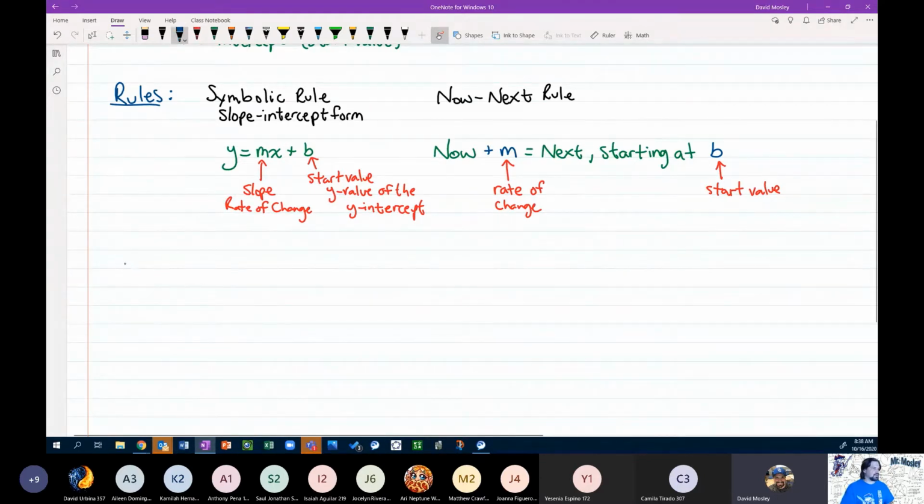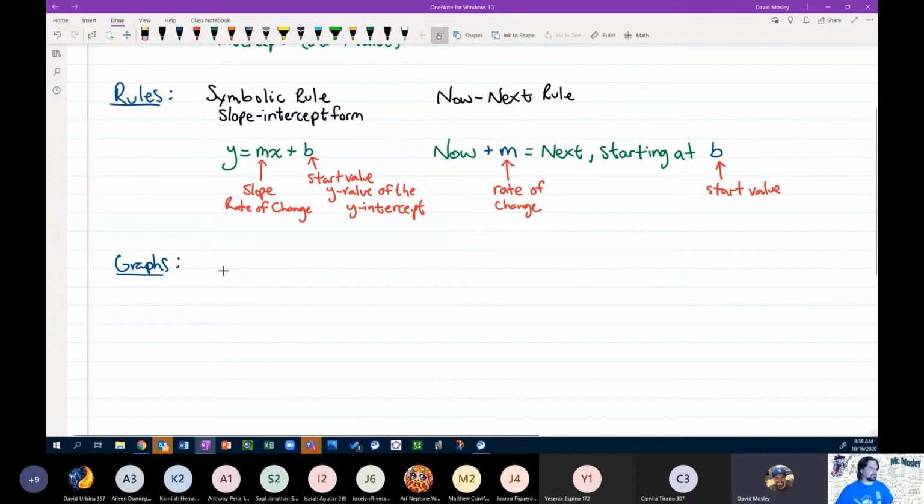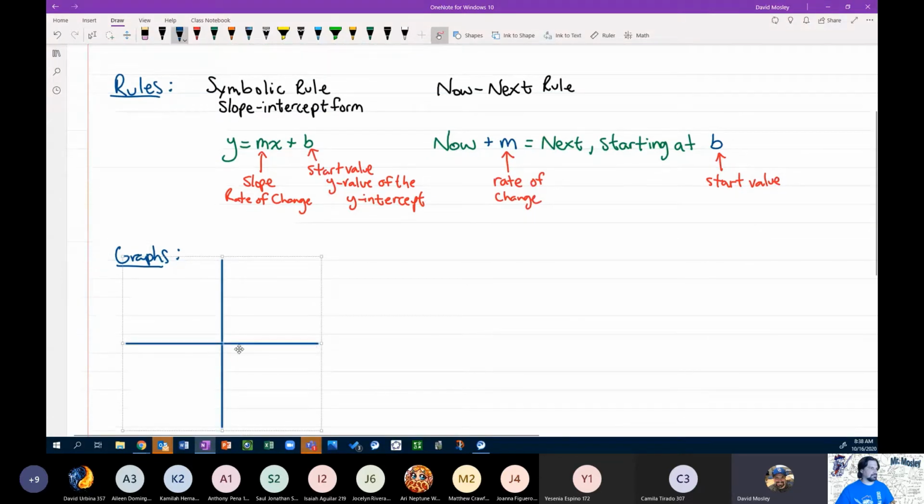So then we also represent linear functions with graphs. Let me move my graph.